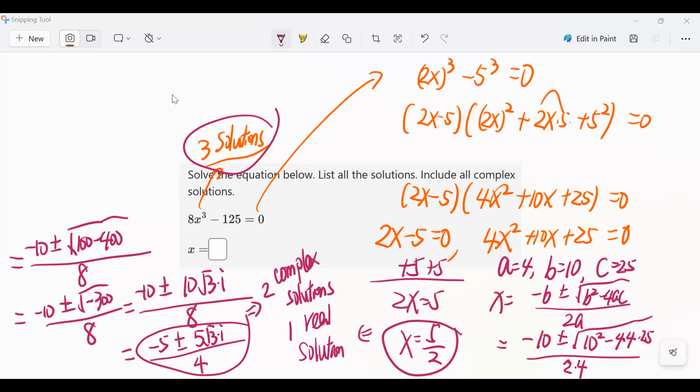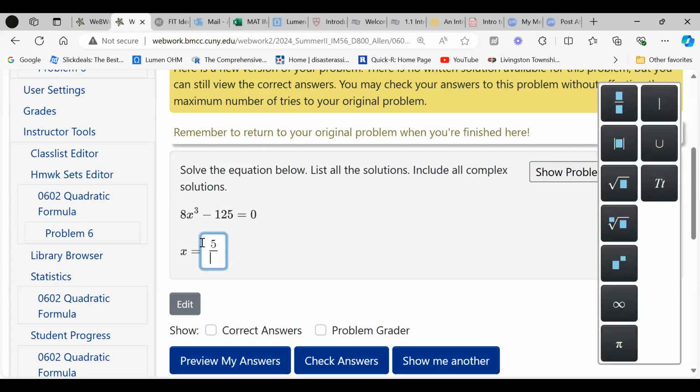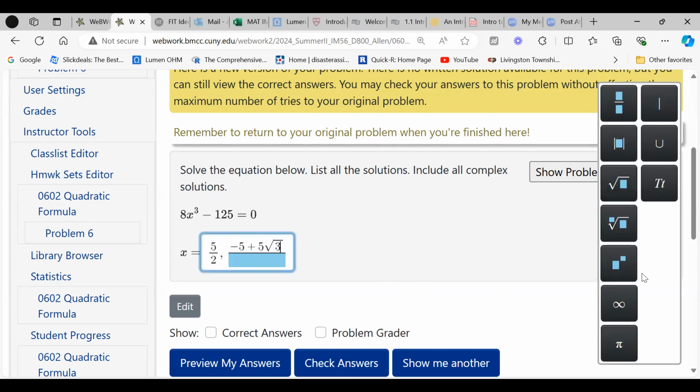Let's go back to the answers. Number 2, that's the real solution. Then the complex solution, minus 5 plus 5 radical 3i over 4. And we have another complex solution, with the sign in between changed.